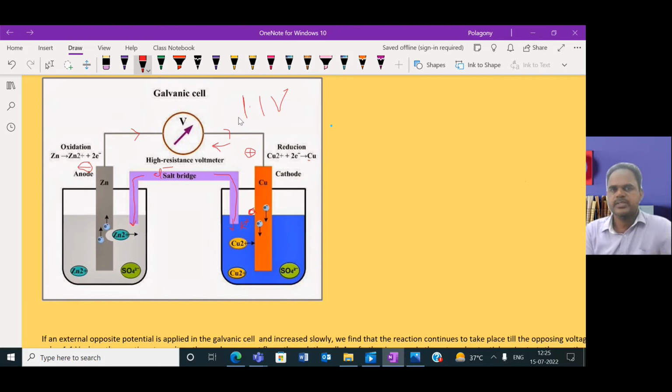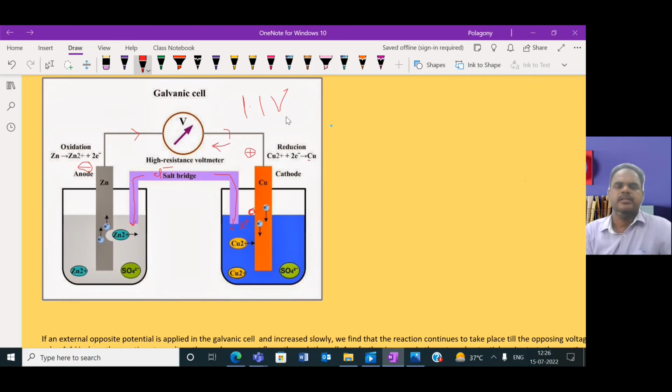When the external voltage applied is more than 1.1 V, initially the cell reaction continues, but as the voltage exceeds 1.1 V, the electron movement from left to right will stop, and the cell will stop working and behave like an electrolytic cell.